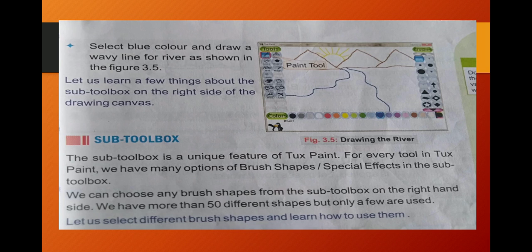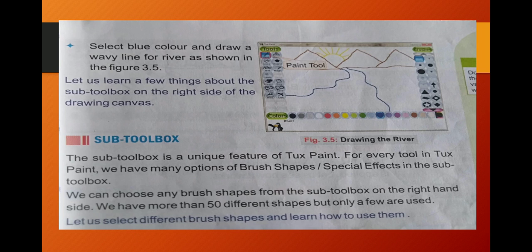Now we will see about sub-toolbox. The sub-toolbox is a unique feature of TuxPaint. For every tool in TuxPaint, we have many options of brush shapes or special effects in the sub-toolbox. We can choose any brush shapes from the sub-toolbox.